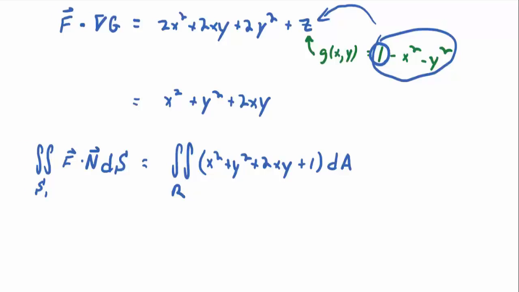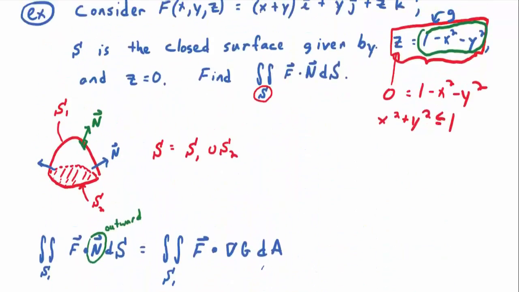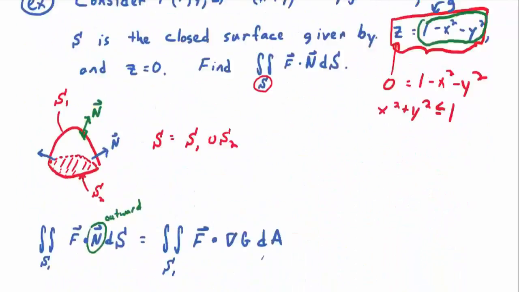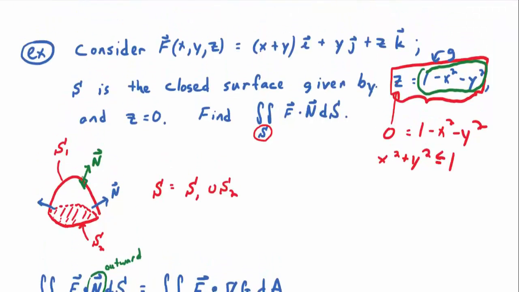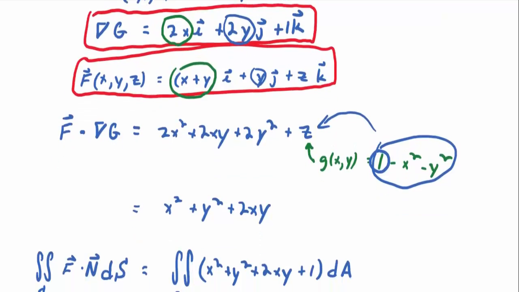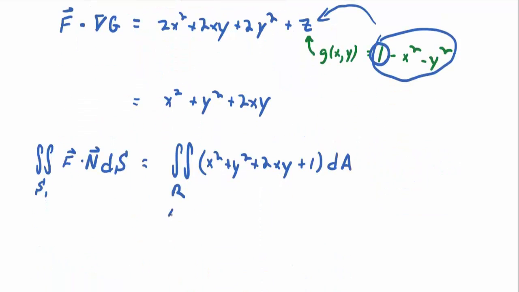Now, look. When we project this paraboloid down in the xy plane, like I've already said, you get the disk, right? So that R ends up being the disk, x squared plus y squared is less than or equal to 1. So how are you going to integrate this?